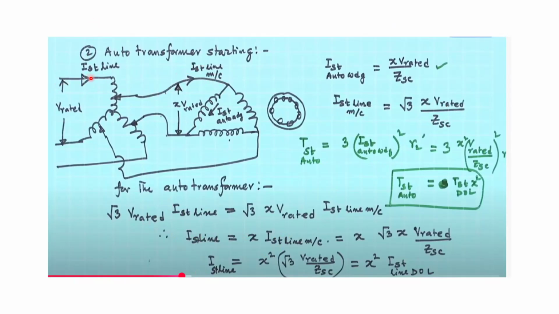How can we find it? You can find it by doing the VA balance. For the auto transformer, the VA at the input should be equal to the VA at the output.